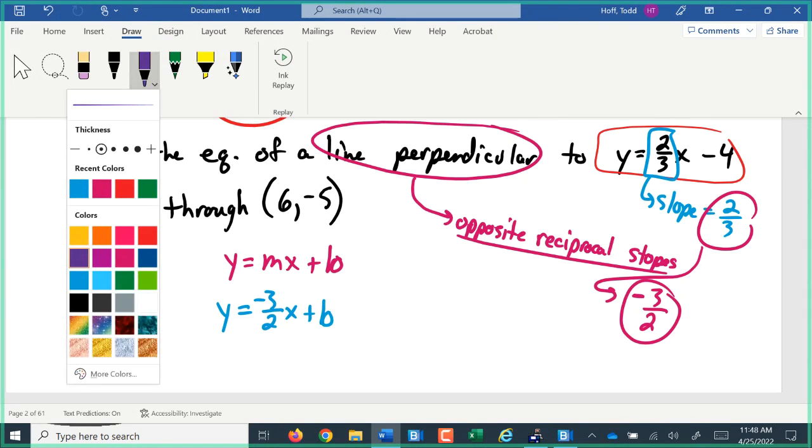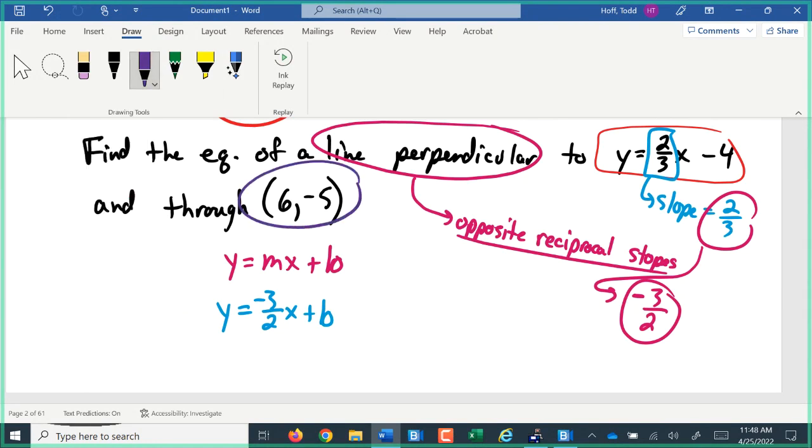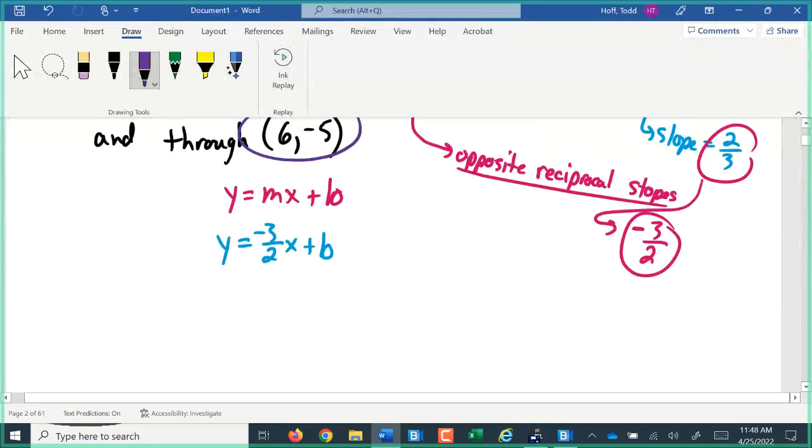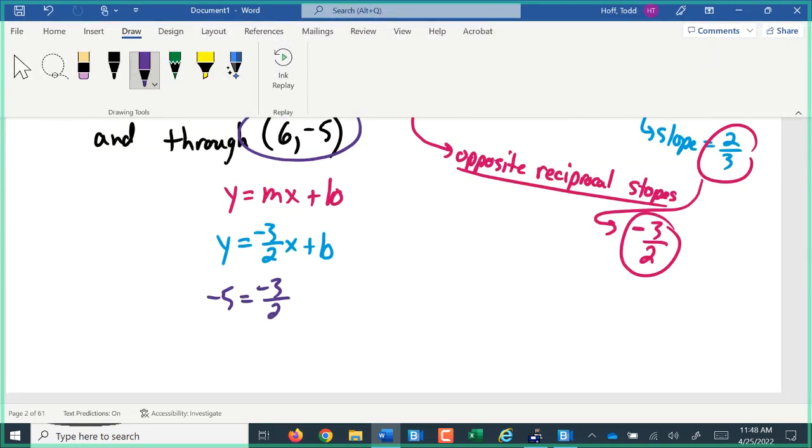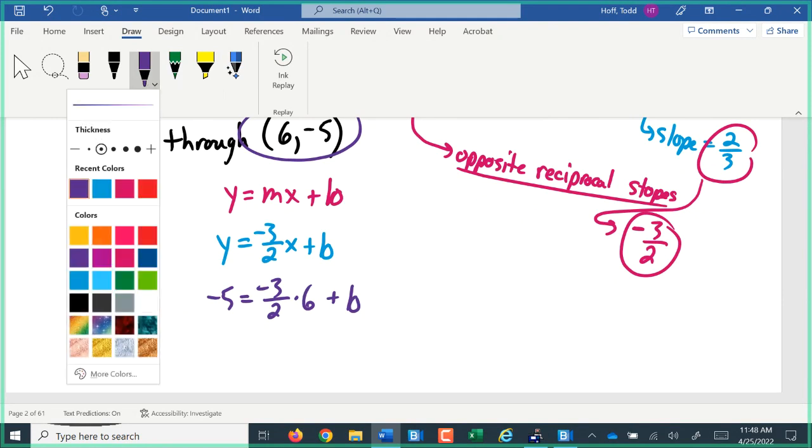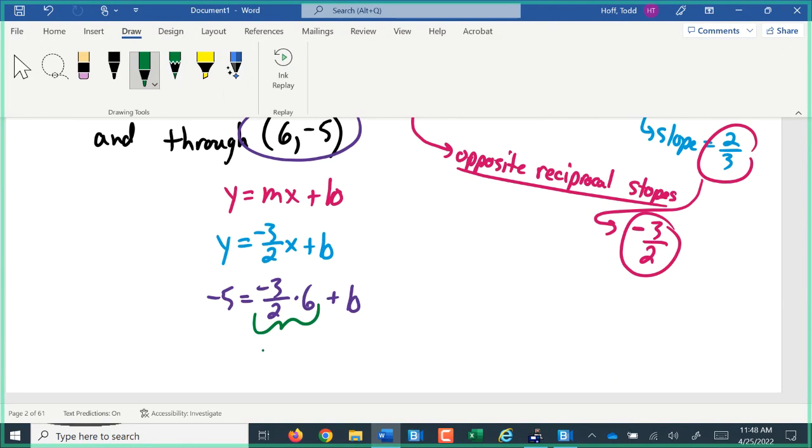And now to find b, we go to that given point. 6, -5. We put the -5 in for y. -3/2 times, and for x, we put the 6 plus b. We combine -3/2 times 6 is actually a -9.